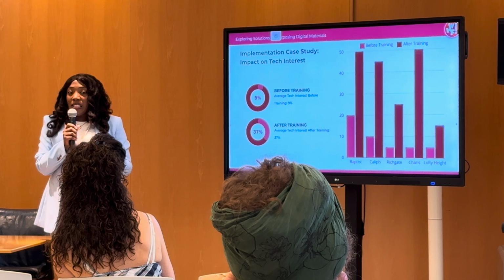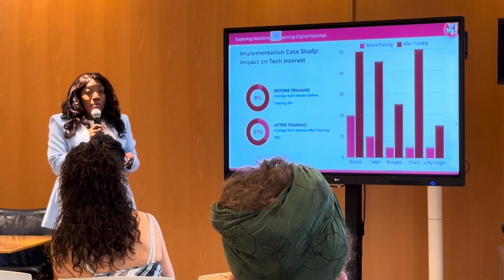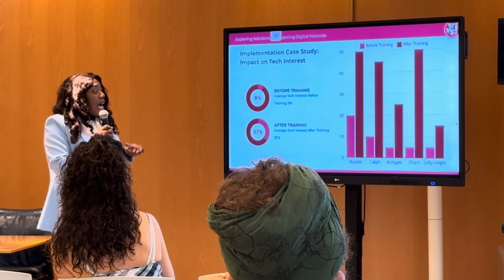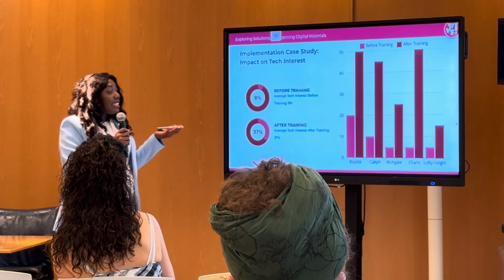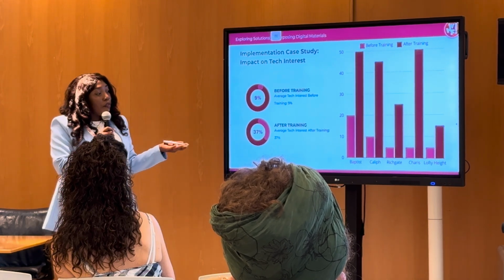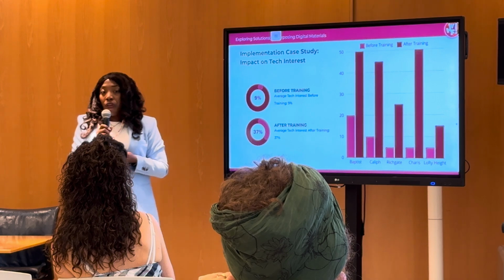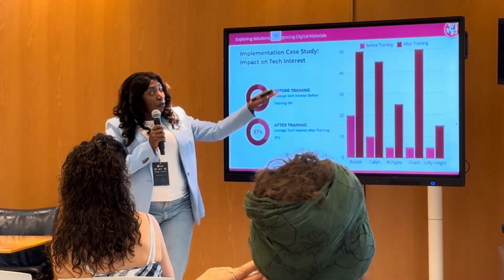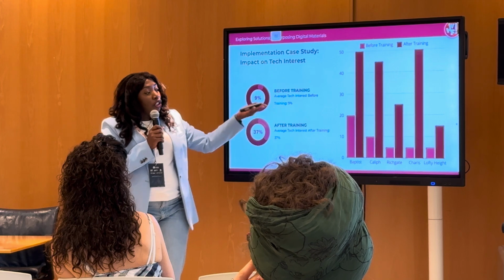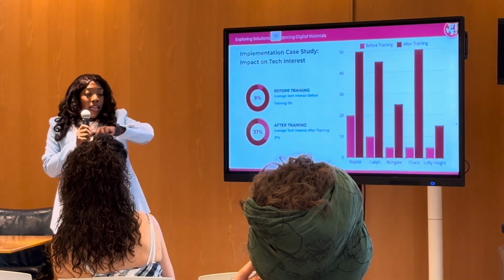They don't have the resources, and they don't understand the opportunity that tech brings to them. And then after the training, we found that students on average had about 37%. We put 5 schools in perspective in the statistics, and you can see the margin from before the training to after the training, and how much interest this has been able to build in these children.